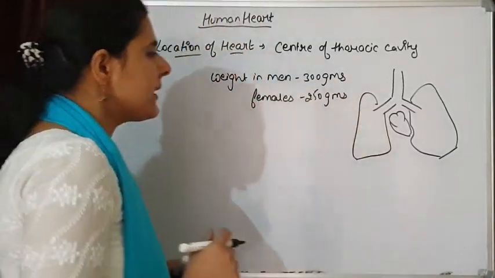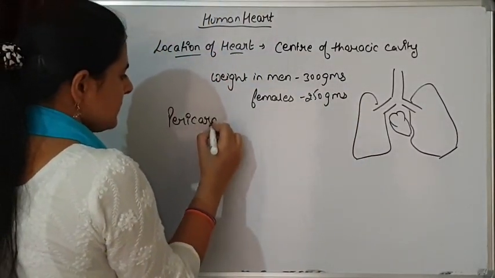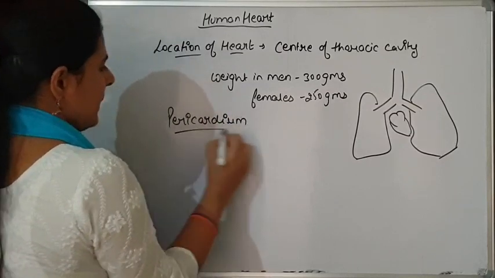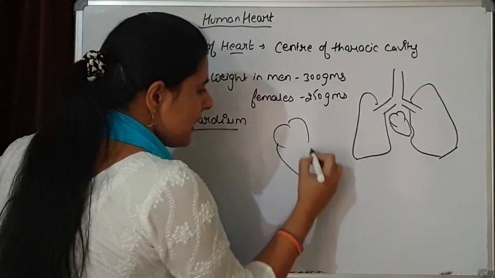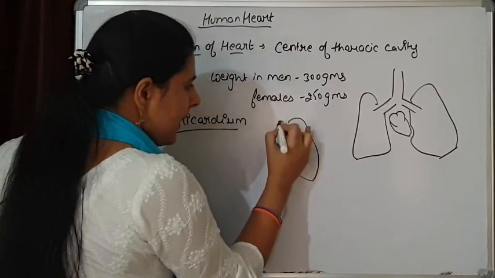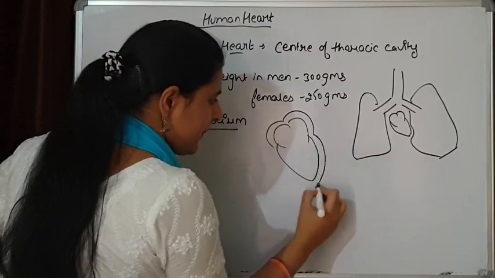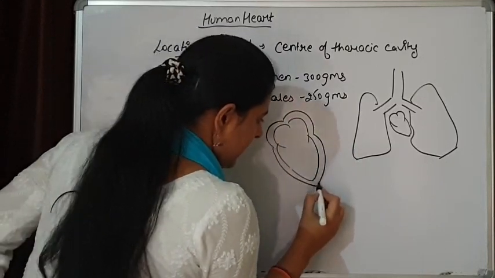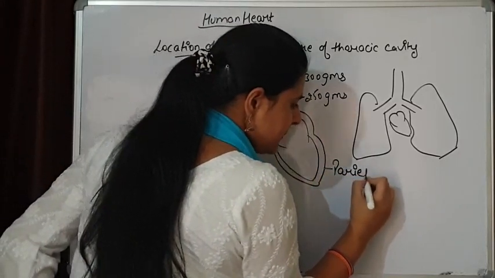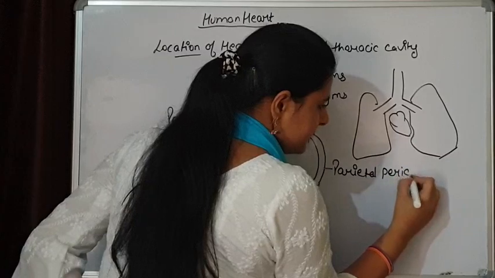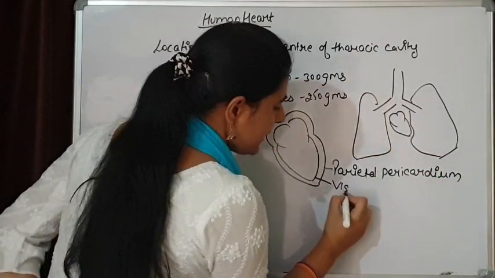The outer protective covering of the heart is the pericardium. Two layers are there. The outer wall is the parietal pericardium and the inner one is the visceral pericardium.